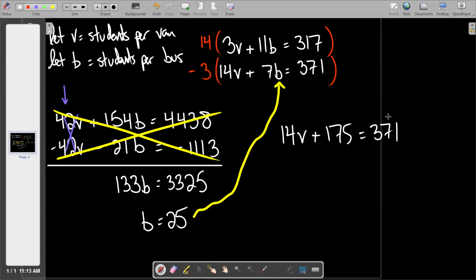And then what do we do? Solve, like always. You've done this 1,000 times. We subtract 175 from both sides. And that gives us not quite 200, maybe 196, right? We're 4 short of 200. And then if we divide by 14, we should get V equals 14.